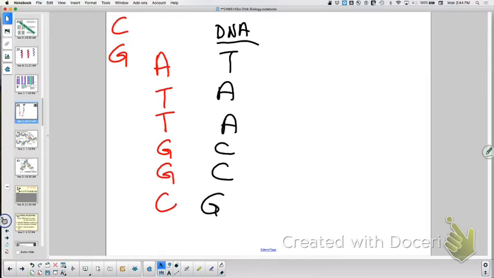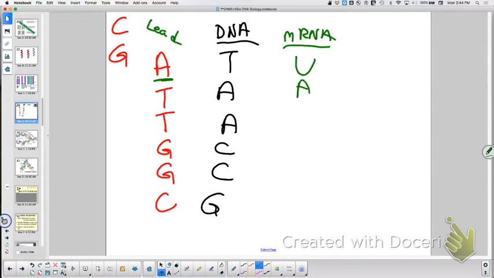If I was going to make mRNA off this strand, what would it be? Off this DNA. Yeah, off this is the leading strand right here. What would the mRNA be? U, A, C, C, G. Good. Every 3 bases on here would be referred to as a what?